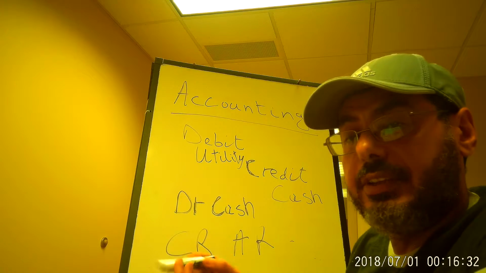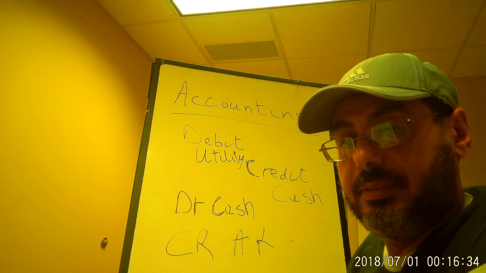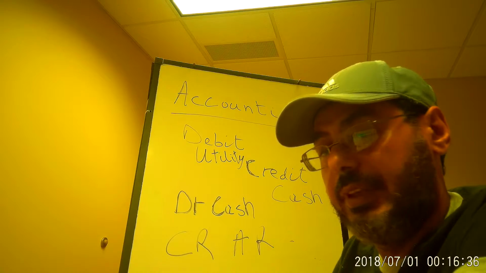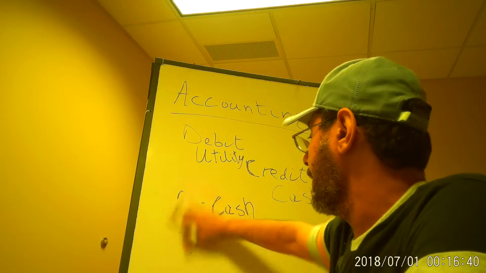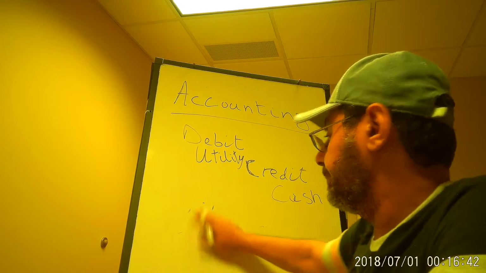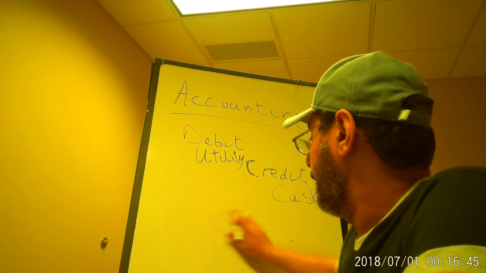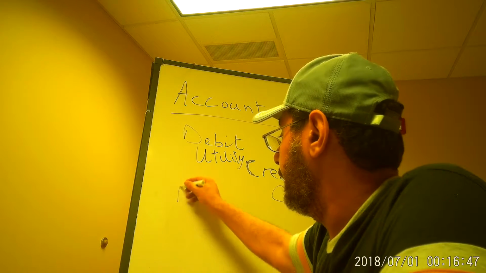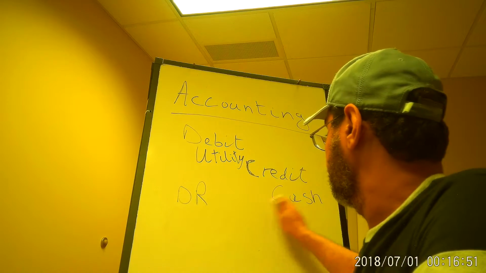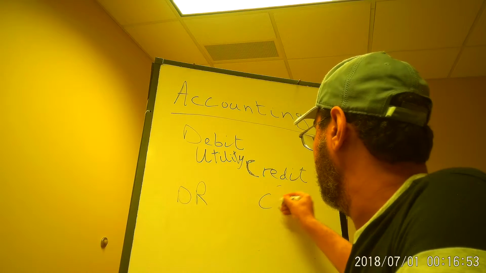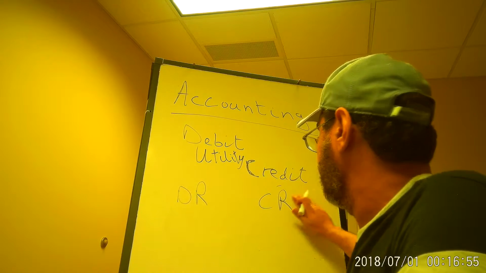So assets and expenses, debit, if they go up. So we're going to say here the debit and the credit.